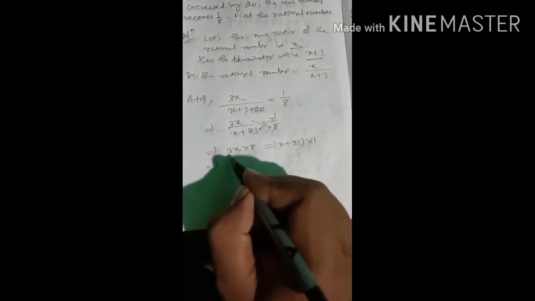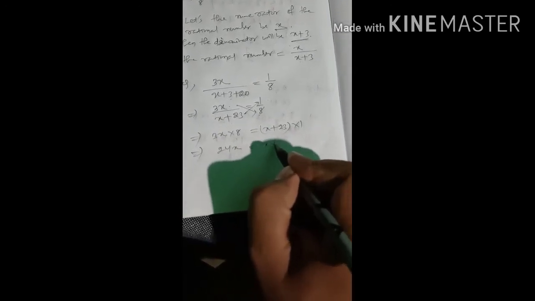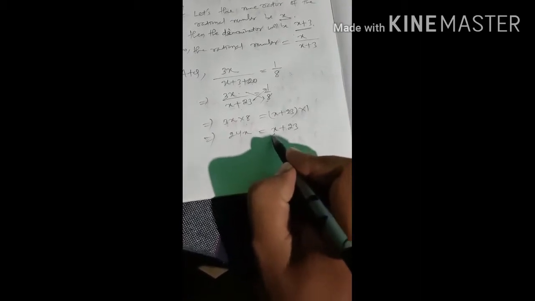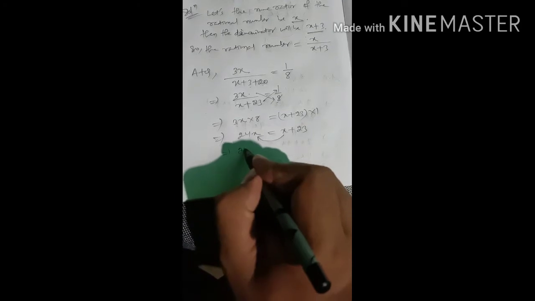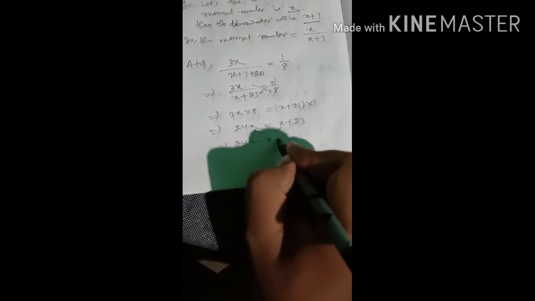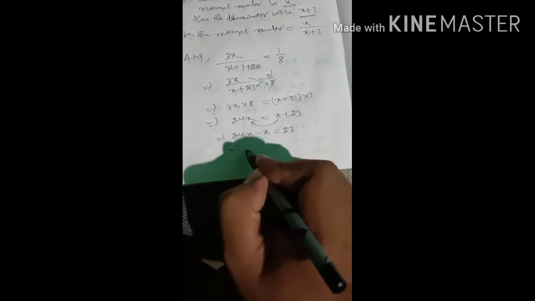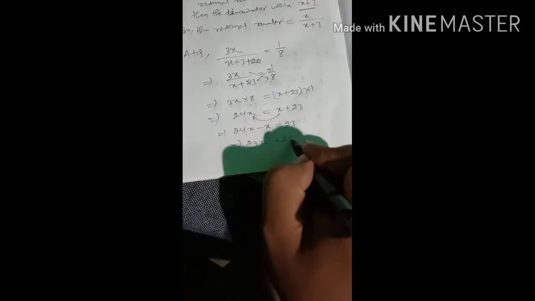So on the left hand side 8 threes are 24x, and on the right side we get x plus 23. If we transpose x to the left hand side it becomes minus, so 24x minus x, which is 23x, is equal to 23.